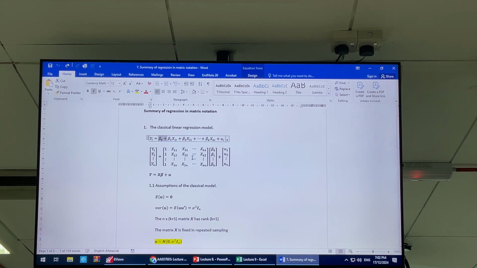Because the first column equals the sum of the dummy variables for all categories.